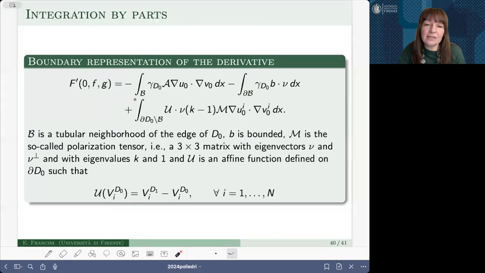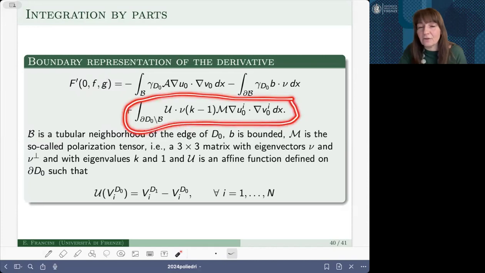But what we do is that we close all these points in a small neighborhood. So we take a small neighborhood of all the edges of our polyhedra, and we divide our integral in the integral over B and in the integral over the complement of B, and we just integrate by part where we can.